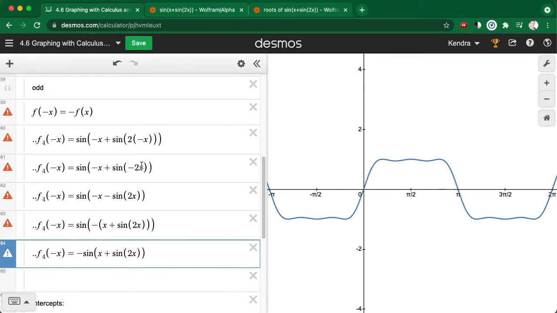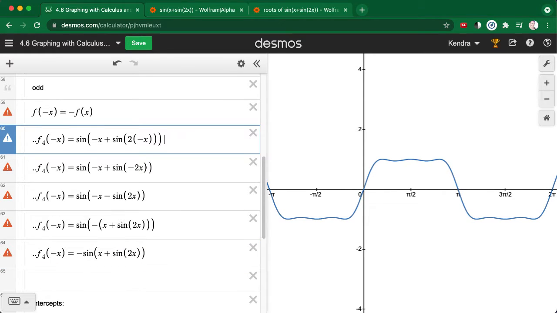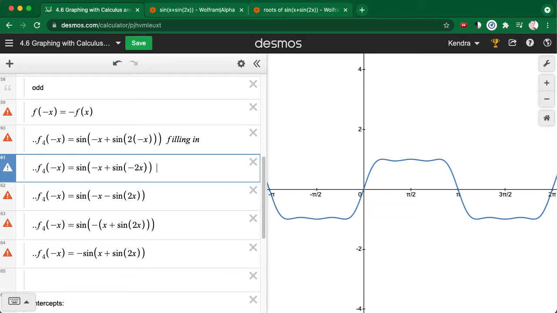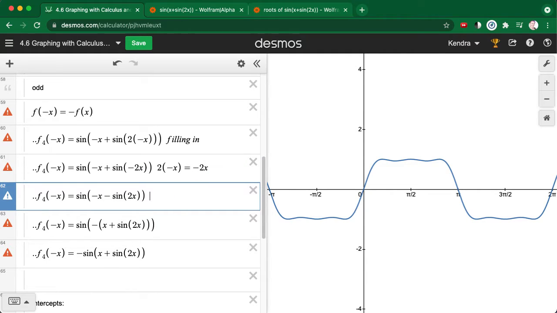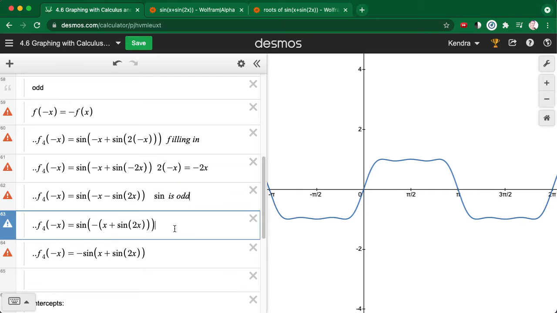So let me just go back and fill this in. This is simplifying 2 times negative x equals negative 2x. And going from here to here, since sine is odd, that negative comes out. And this is factoring out the minus.